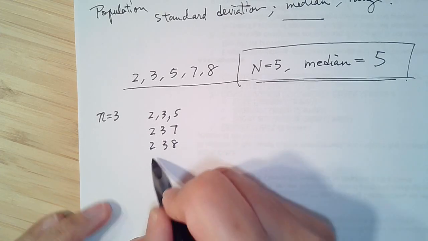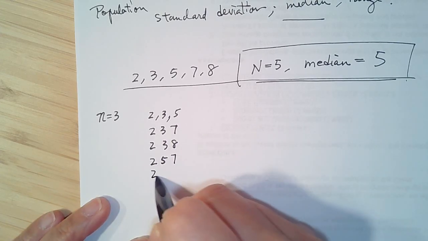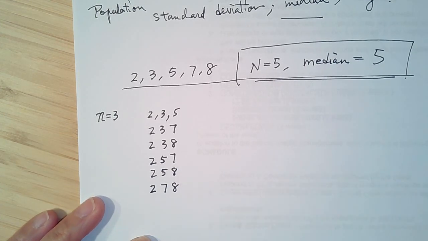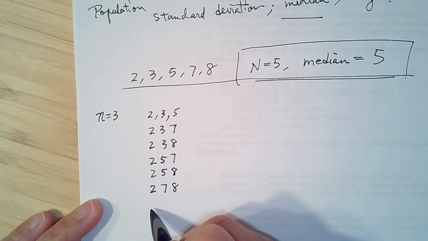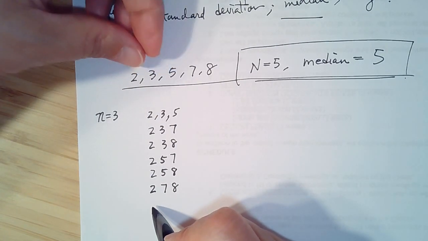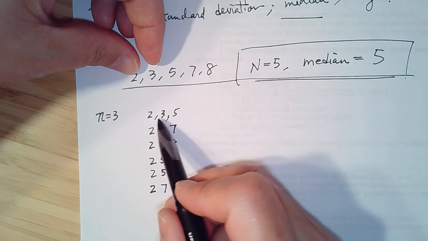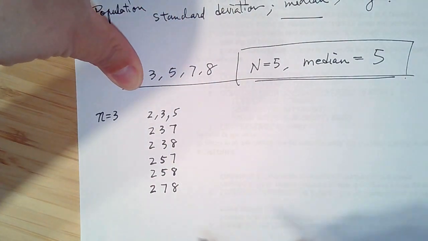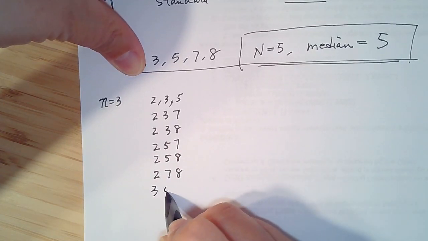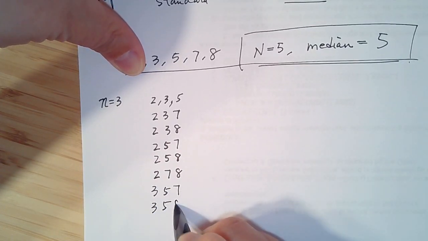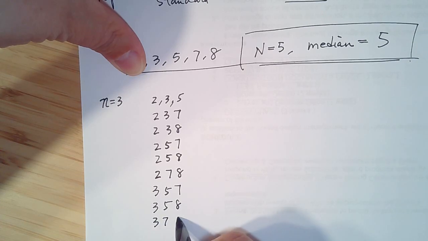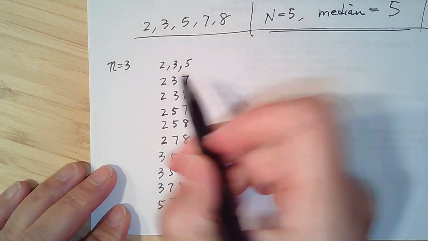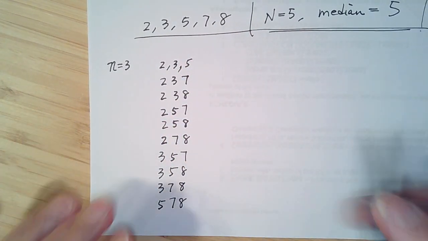Then 2, 5, 7, 2, 5, 8, 2, 7, 8. Then 3, 5, 7, 3, 5, 8, and 3, 7, 8, and then 5, 7, 8. Of course you can permute them to get all of them, but I don't really need to.